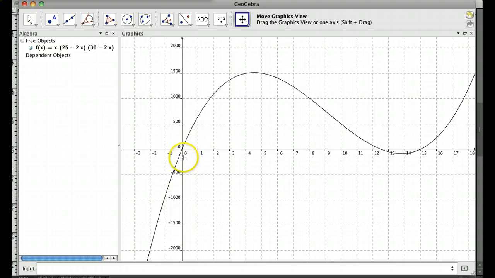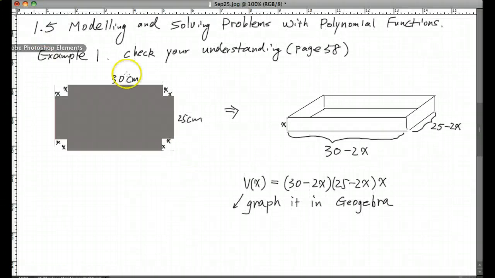So just be careful, all the x you can use has to be between 0 and 12.5, and it doesn't make sense when x is greater than 12.5. Why? You can come back to see this.